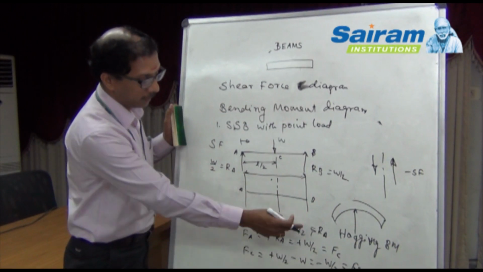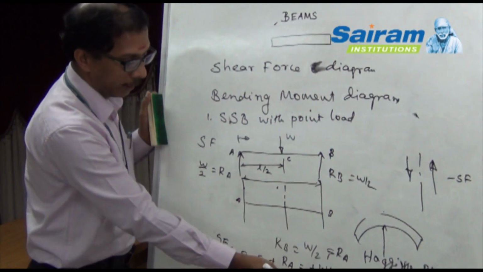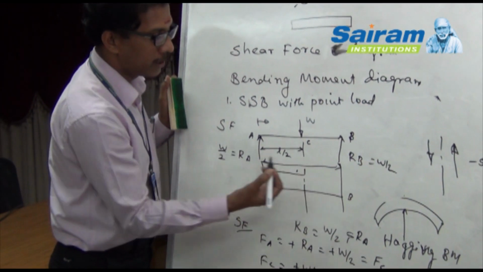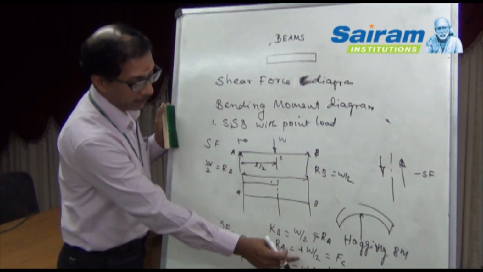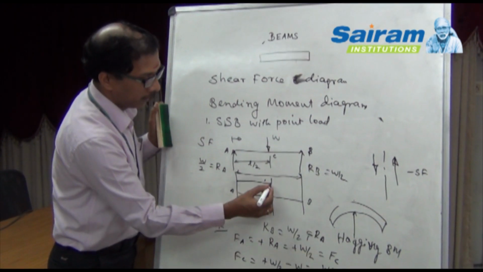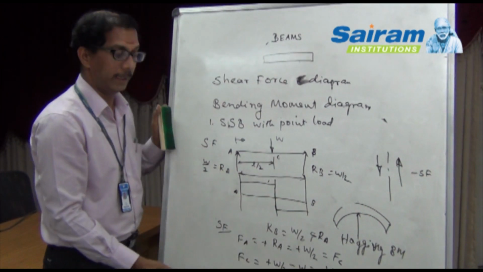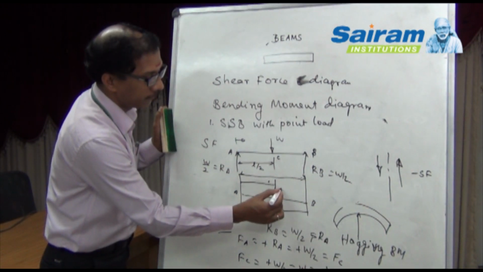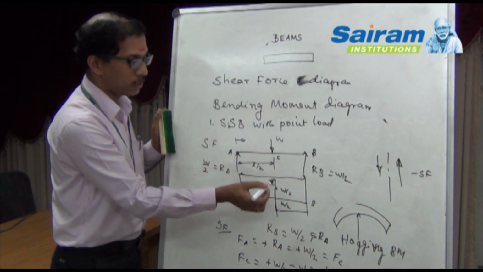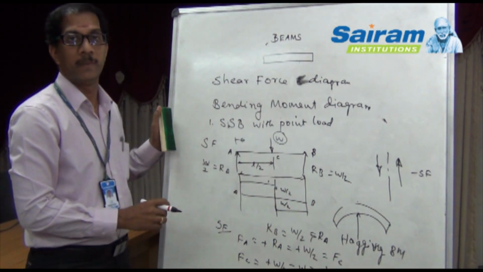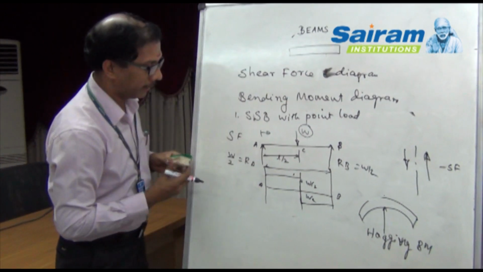At point A we have plus RA, plus W by 2, just mark here, and that will continue till point C. So just draw a horizontal line till the next point, and at point C the plus W by 2 reduces to minus W by 2, and this minus W by 2 will continue till point B. And if you add this plus W by 2 and minus W by 2, the algebraic sum of these two will be our magnitude of load value at that particular point.